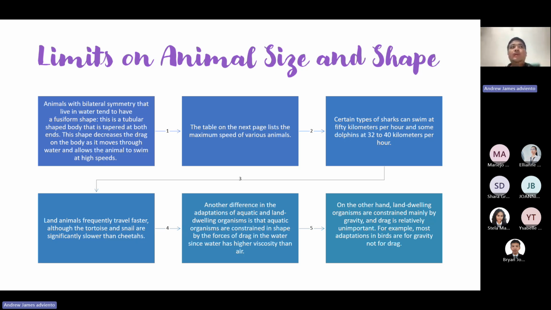And that is all because of survival. The reason why animals evolve from the past up to right now is all for survival. Survival of themselves, in the present, and the survival of their own kind in the future. Because evolution only happens when the organisms that survive can reproduce.